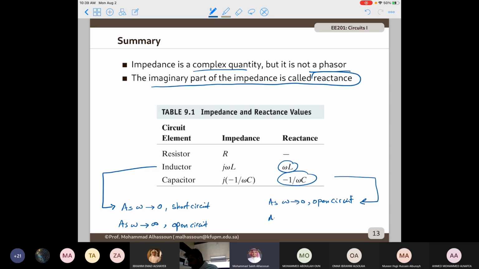However, as the frequency increases, the impedance of the capacitor goes down and the capacitor behaves like a short circuit. So what's true about the behavior of the capacitor and inductor at very low frequency is not the same as their behavior at very high frequencies. And this is very important, like you said, when you design a filter.